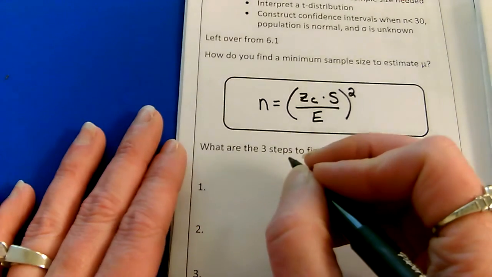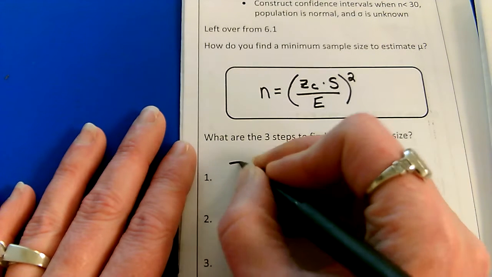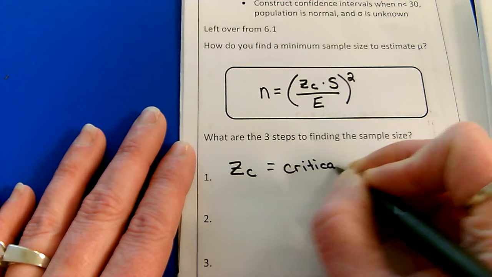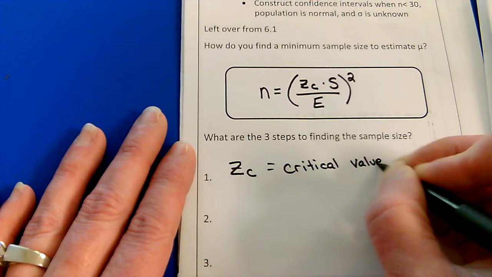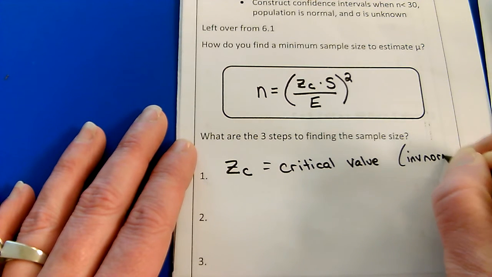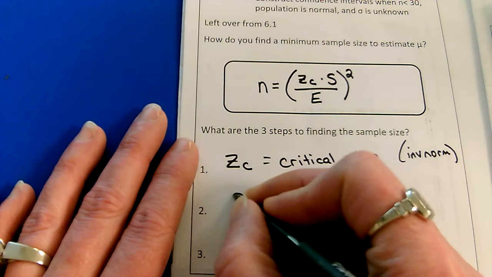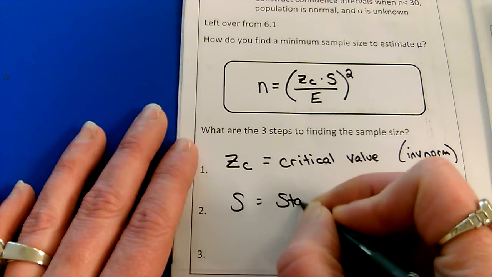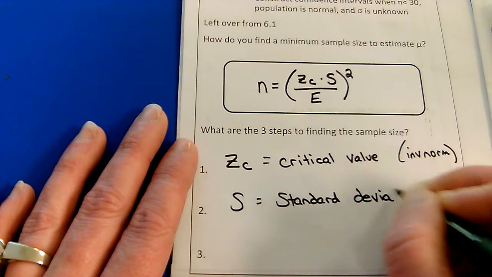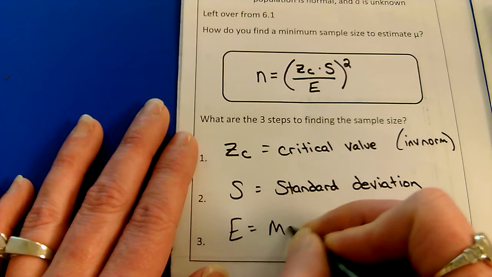We need Z, which is your critical value, and that's found by using that inverse norm or by looking back at the sheet you did yesterday. Then you need S, which is your standard deviation, and we need E, which is our margin of error.